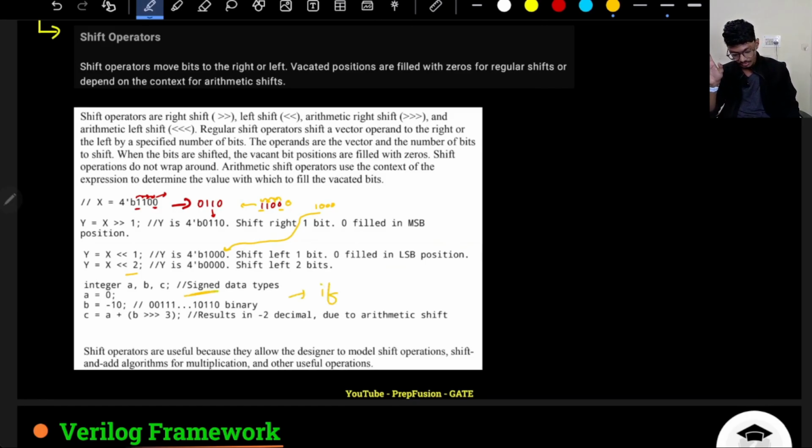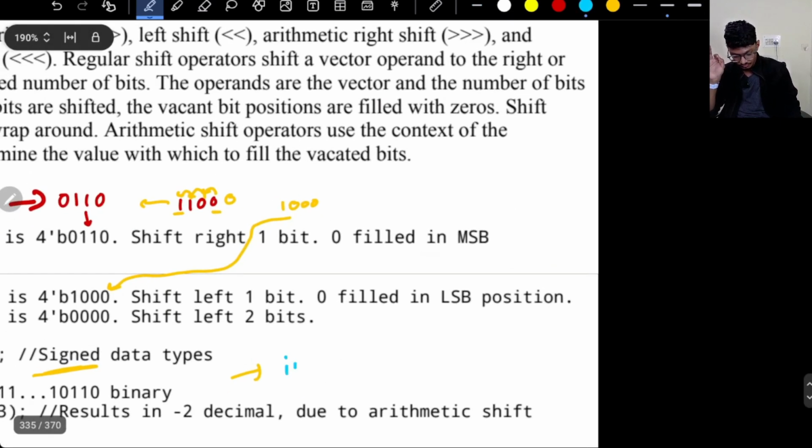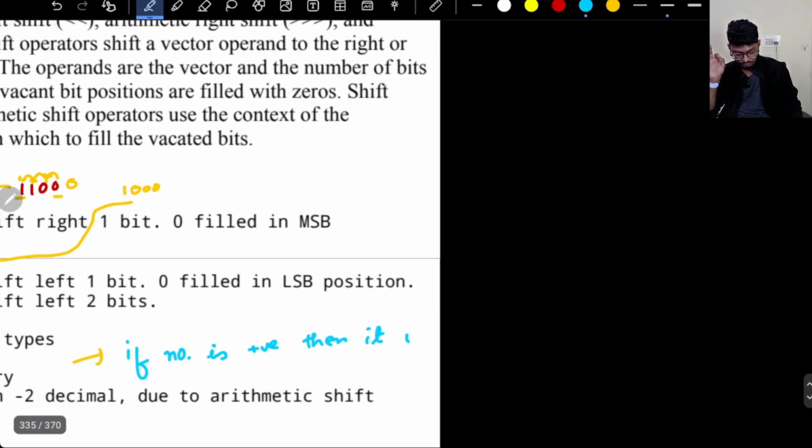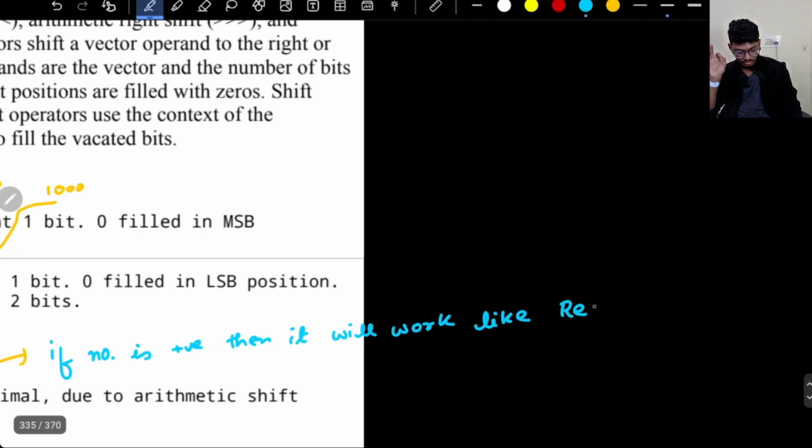A very important statement: if the number is positive, then it will work like a regular shift.